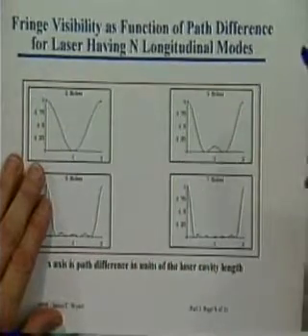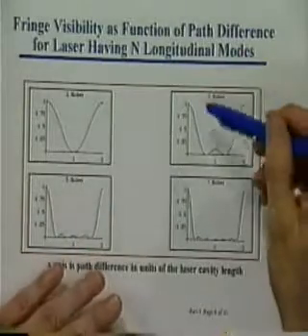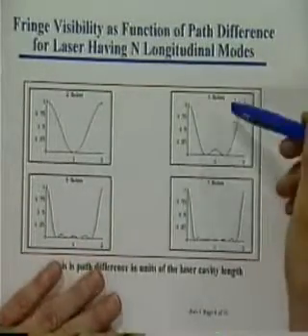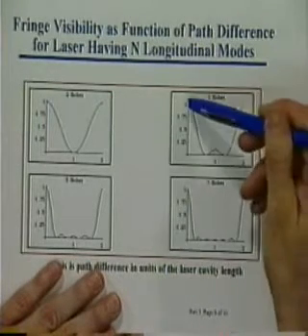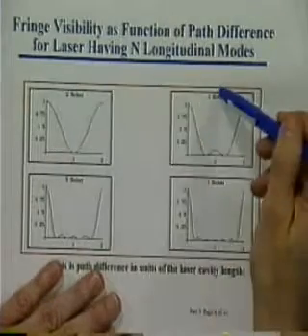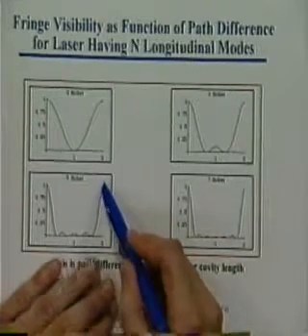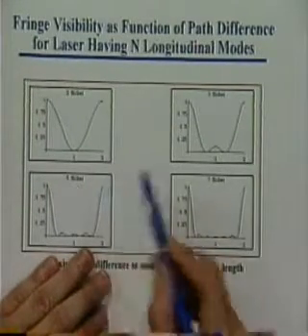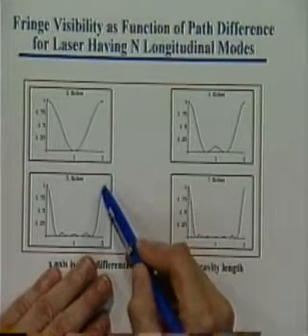Now it turns out, and this was a homework problem, maybe some of you want to work it for the heck of it, that if we have more than two modes, say we have three modes, we get the maxima in the fringe contrast in the same location. Whether we had 2 or 3, or if you have 5, you still get the maxima in the fringe contrast when the round trip path difference is an even number of laser cavity lengths.